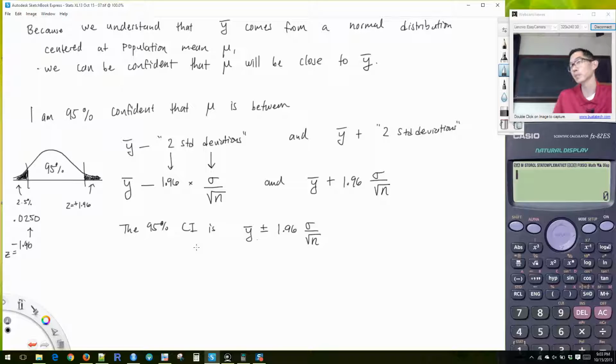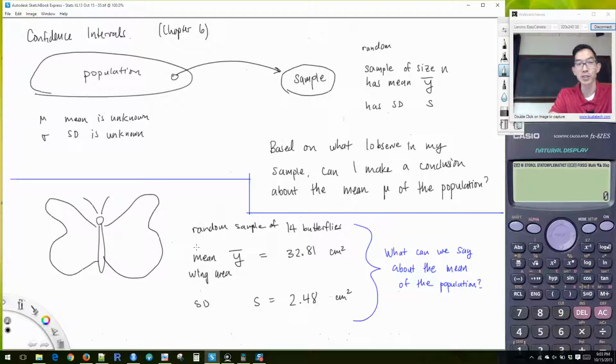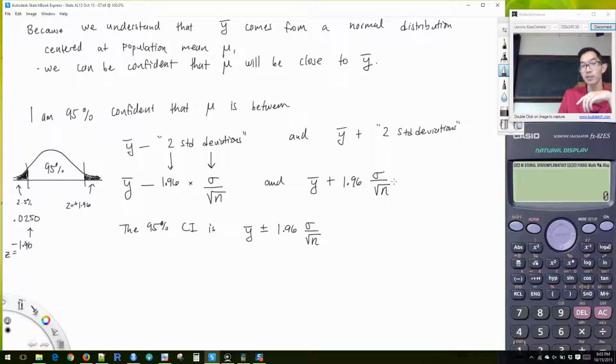So keep in mind, what do we know about our population? We don't know anything about the population, right? The mean, mu, is unknown, and sigma is unknown. And we're making our confidence interval so we can make a conclusion about mu, okay?